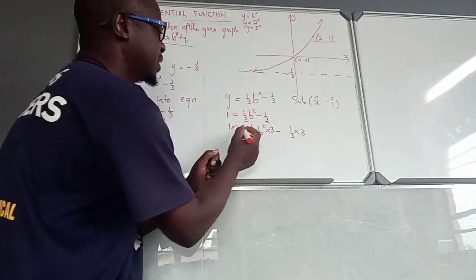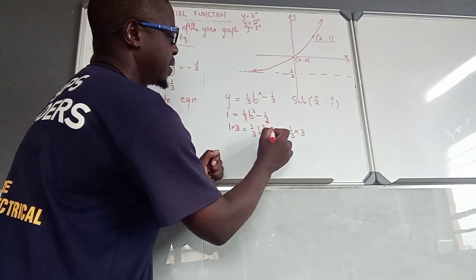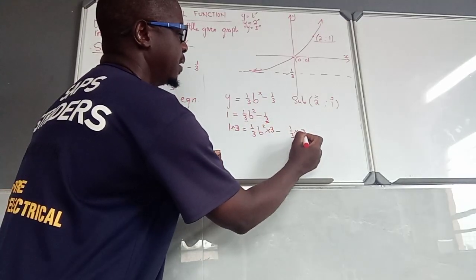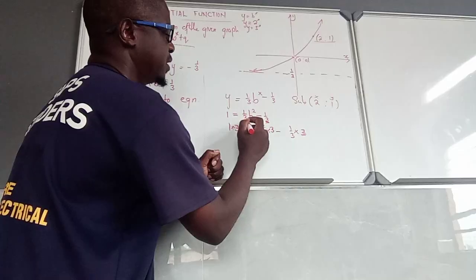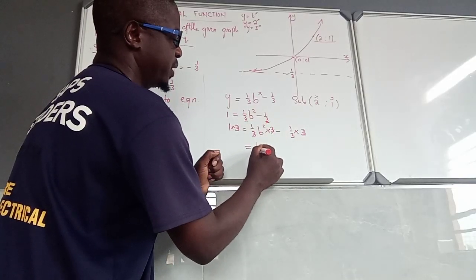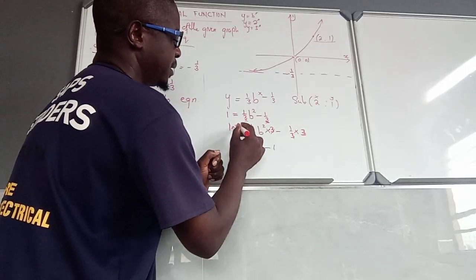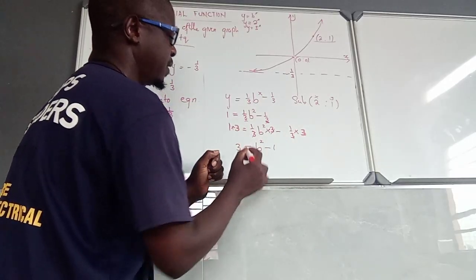When I multiply by 3 everywhere, it means I'm getting rid of the denominator. So this one times this one is equal to b squared minus this one times this one is equal to 1, and this one times this one is equal to 3.